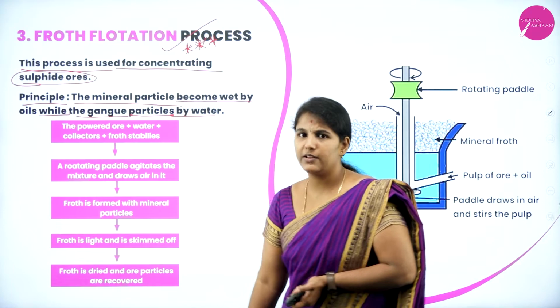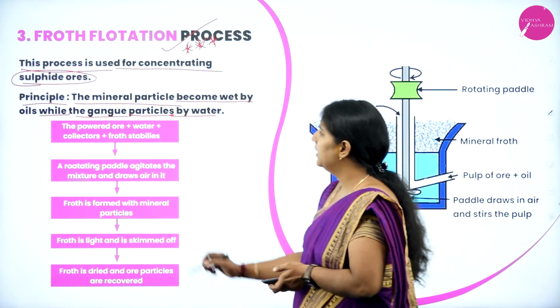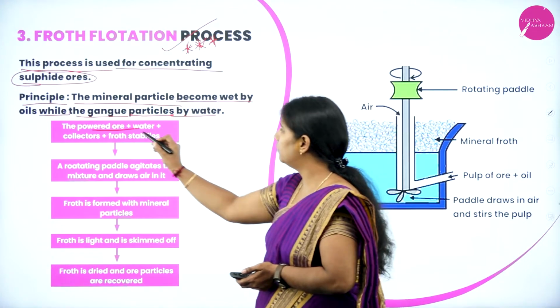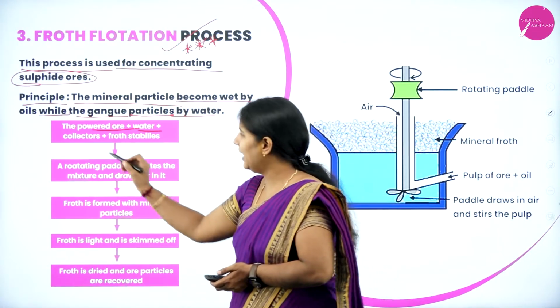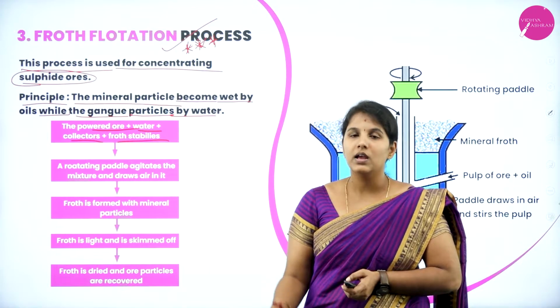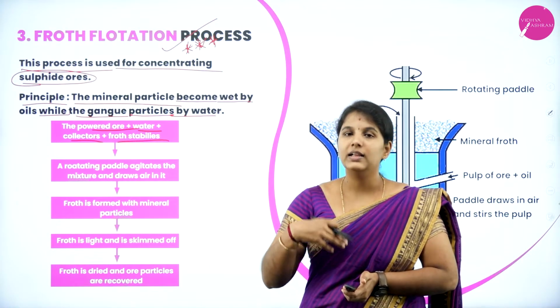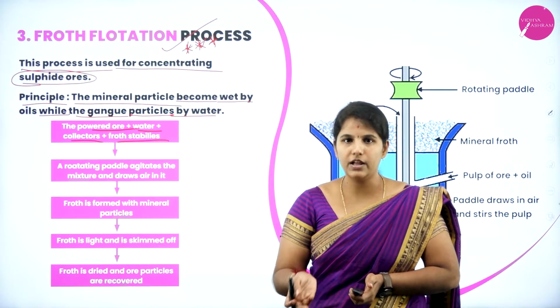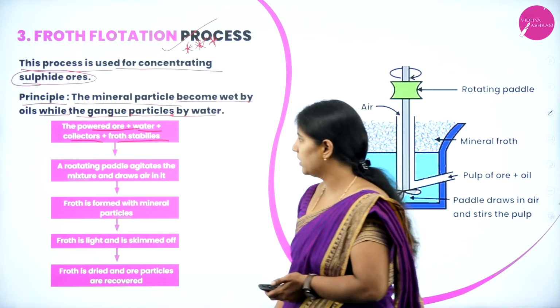Then, which steps will they follow? In the first step, they take the powdered ore along with water, the collector and also the froth stabilizer. So they take the ore, add the water, add the collector and also add the froth stabilizer.